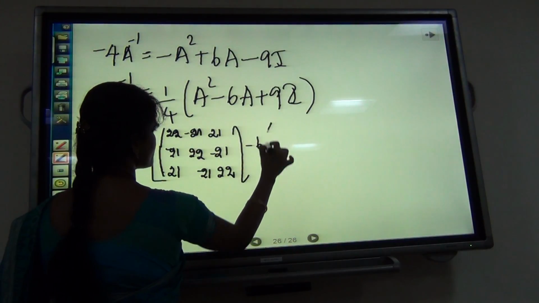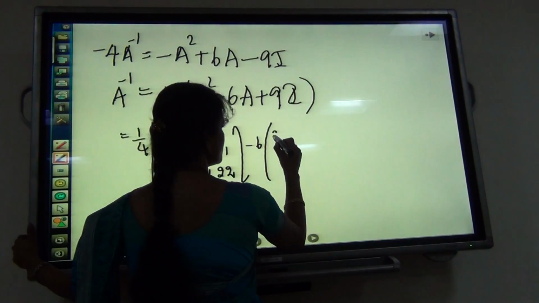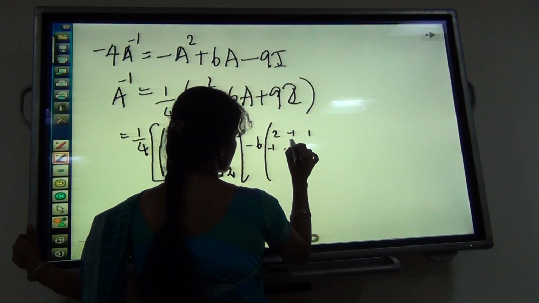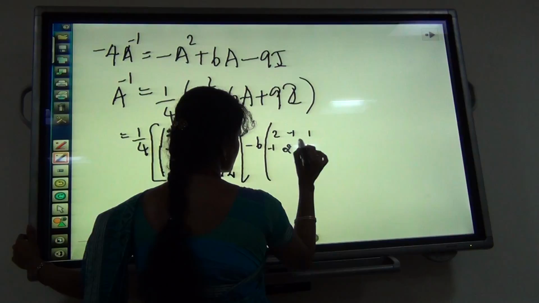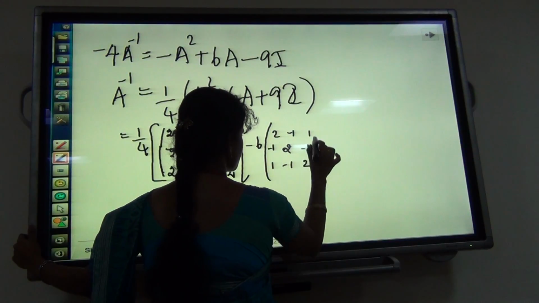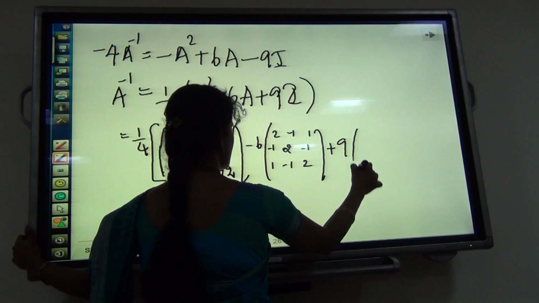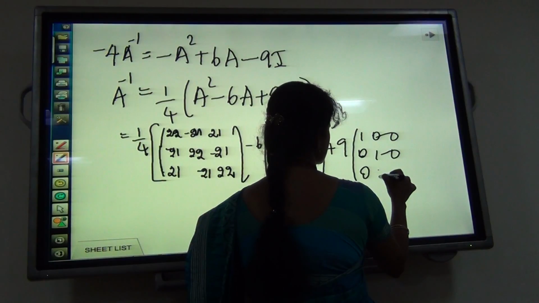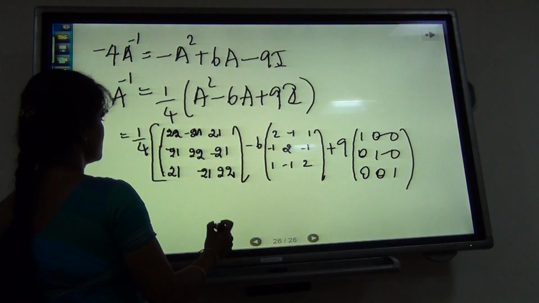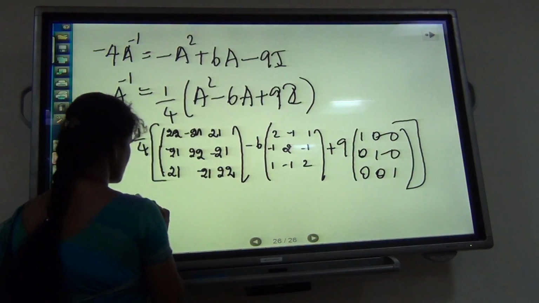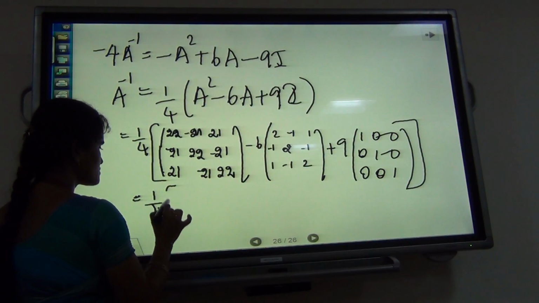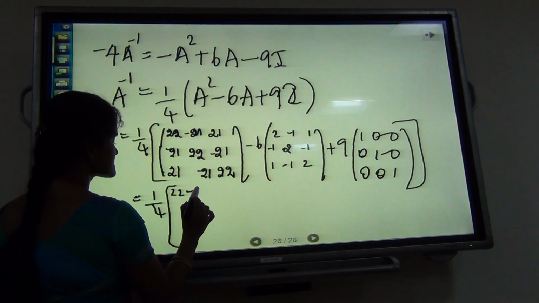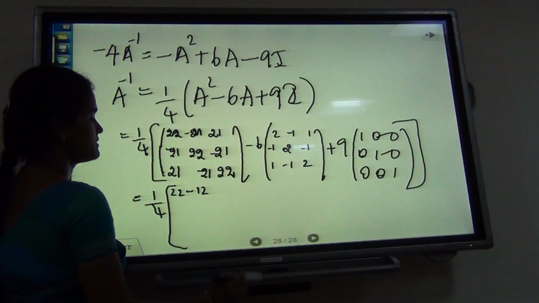Minus 6 times of A, which is the original matrix 2 minus 1, 1, 1 minus 1, 2 minus 1, 1 minus 1, 2, plus 9 times of I, 1 0 0, 0 1 0, 0 0 1. So it is 1 by 4 times of 22 minus 12 plus 9.